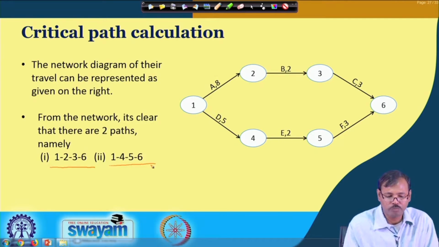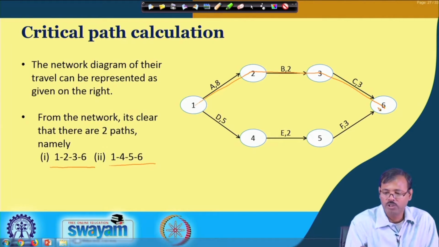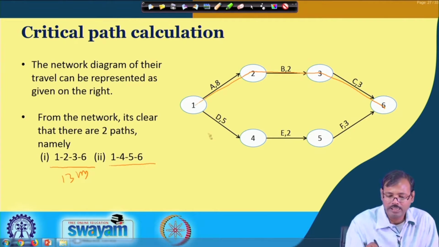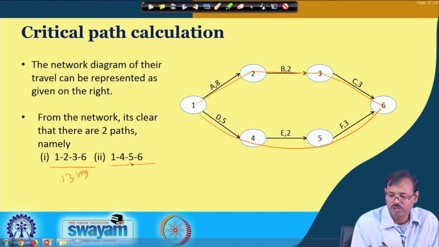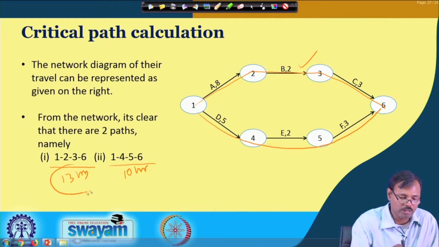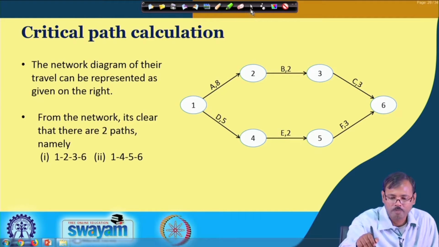The duration of 1, 2, 3, 6, that is node 1 to node 2 to node 3 to node 6, that is path 1, takes a duration of 8 plus 2 is 10, 10 plus 3 is 13 hours, and there is another path 1, 4, 5, 6, which takes 10 hours duration. So, this is the longest path, and this longest path is the critical path, which happens to be Allen's path.